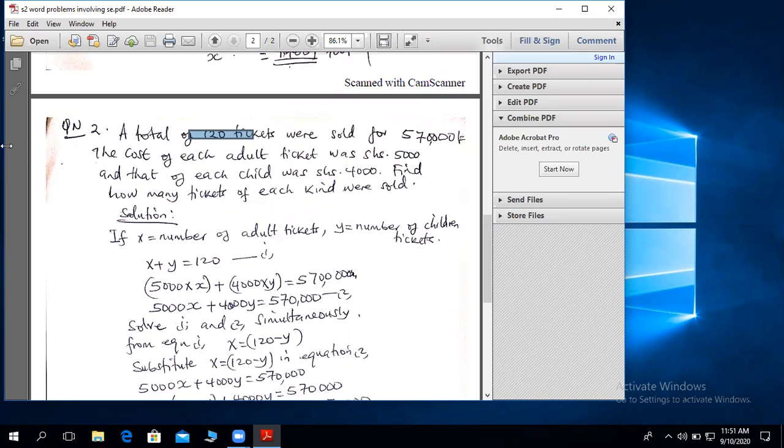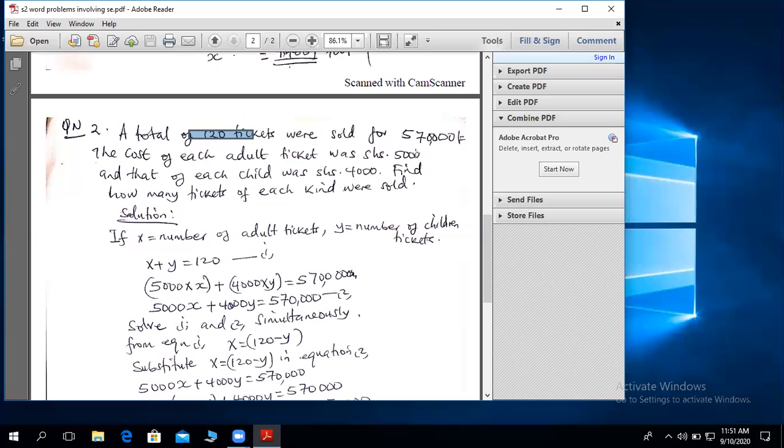Then another important aspect, you know the cost of all the tickets is 570,000, but each ticket for an adult is 5,000.